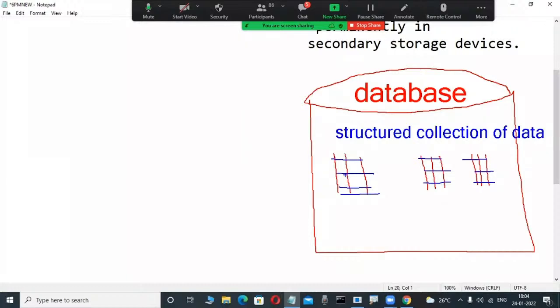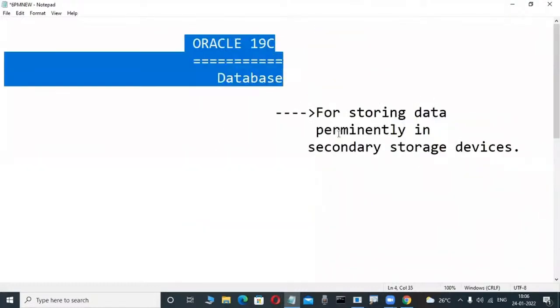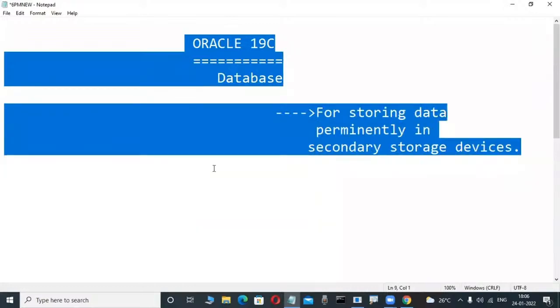Once a structured collection of data is there, for handling and operating this data, which language do we use? Very good, SQL, structured query language. That's why these databases are implemented based on the relational data model. What is that? Today I will tell you.